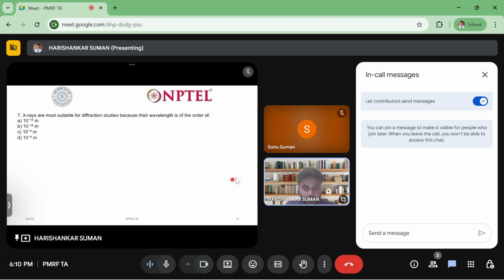And next question, let's see. X-rays are most suitable for diffraction studies because their wavelength is of the order of. Why is X-ray suitable for diffraction studies? The options for the order of wavelength are 10 to the power minus 12 meter, 10 to the power minus 10 meter, 10 to the power minus 6 meter, 10 to the power minus 3 meter.